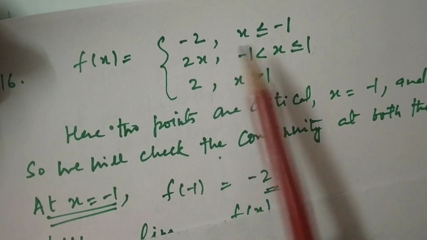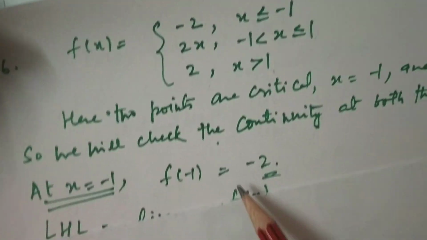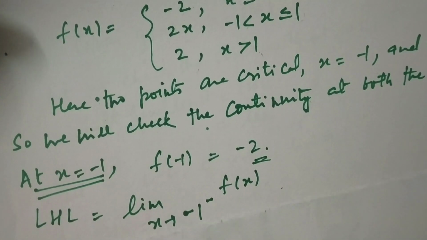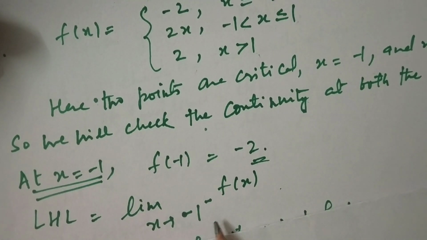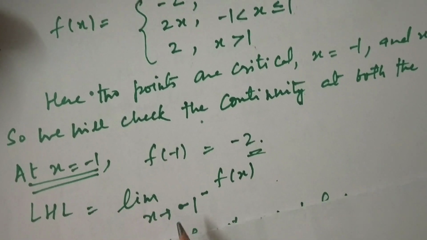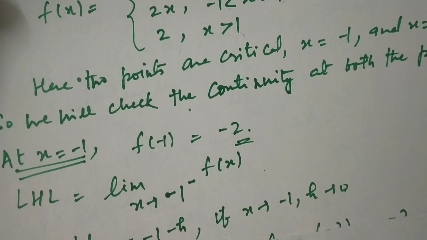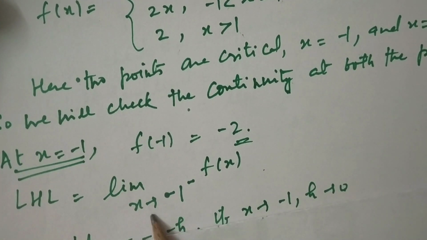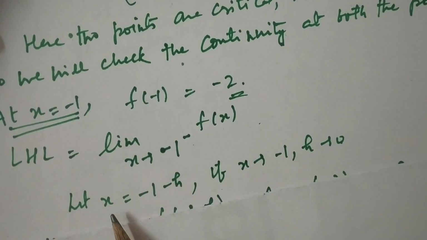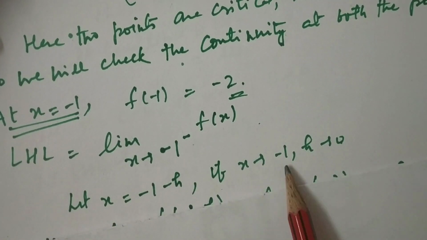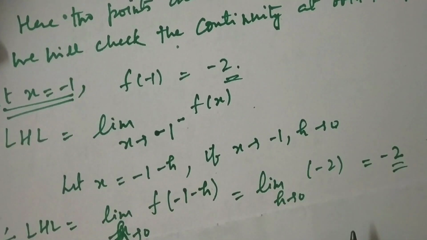I see f(-1) is equal to -2, and then I take the left hand limit of the function at x equal to -1. So limit x tends to -1 negative f(x), and using this I keep x equal to -1 minus h, and if x tends to -1, h tends to 0.